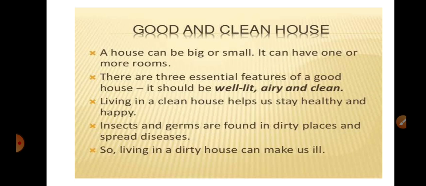Living in a clean house helps us stay healthy and happy. Insects and germs are found in dirty places and spread diseases. So living in a dirty house can make us ill, as I told you. So all these things should be kept in mind to make a home a good home.